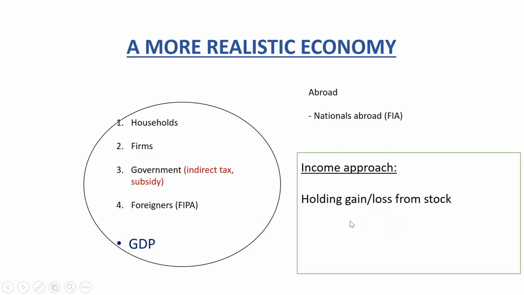So the stocks we have, when we produce, usually there is a lag between the period of production and the period of sales. Therefore, we keep stocks. Now, because of inflation, the price of the stocks can increase, and this will increase the profit of the firm. But it doesn't mean that actual production has increased. Therefore, whenever we hold on the stocks and we have a gain, then it is our duty to subtract that gain.